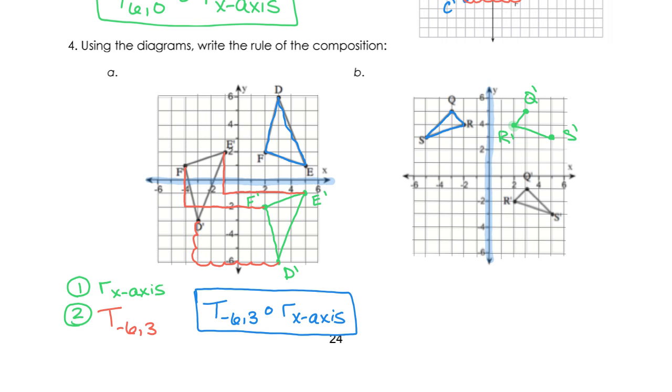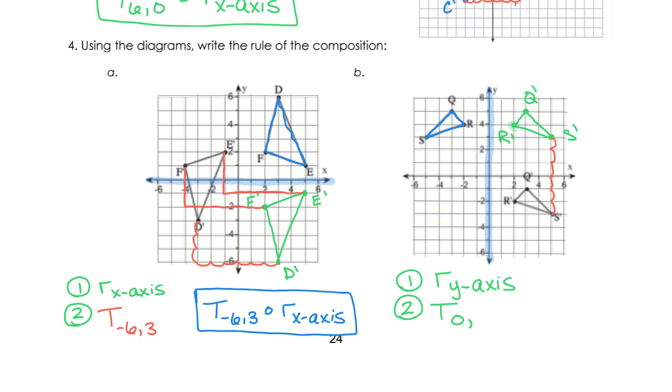And so hopefully you guys can see that by flipping it over the y-axis, it's a reflection over the y-axis. All I have to do is push this triangle down. And by pushing it, I mean sliding it, which is a translation. And since we don't have to go any left or right, we're going to put a 0 there. And then we can see that all it has to go is down 1, 2, 3, 4, 5, 6.